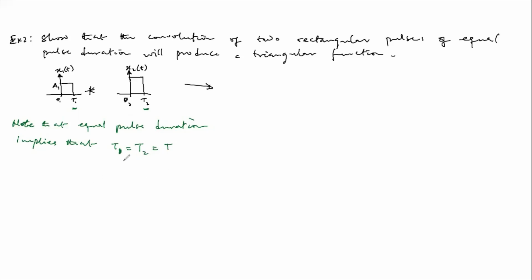Meaning not 1 is the same as not 2, is the same as naught, because that is the origin. Okay, so we have equal duration because this time period is the same. This is a2, the amplitude of the second signal.